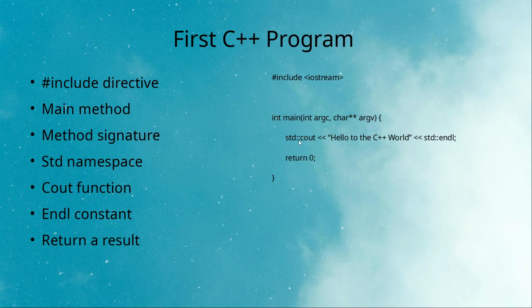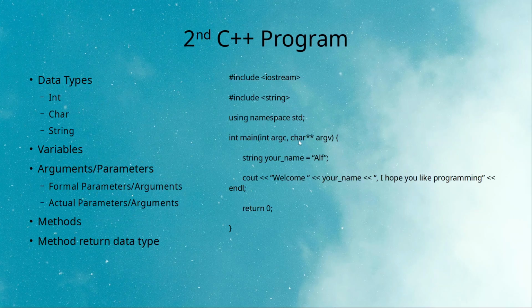But if we have many usages from the same library, we can simply say using namespace and then the name of that library. In this case, it is std. So using namespace std, and now we can use cout without using std before it.